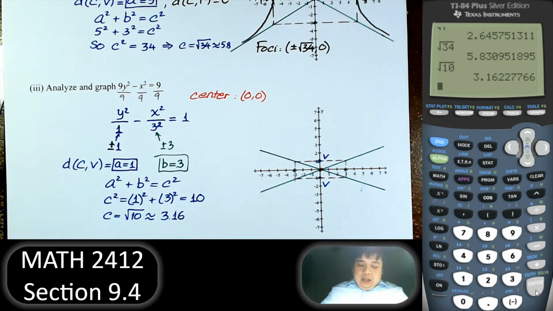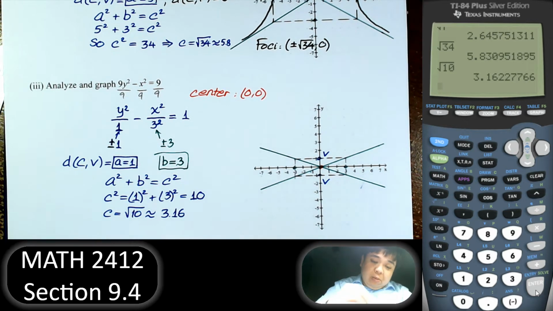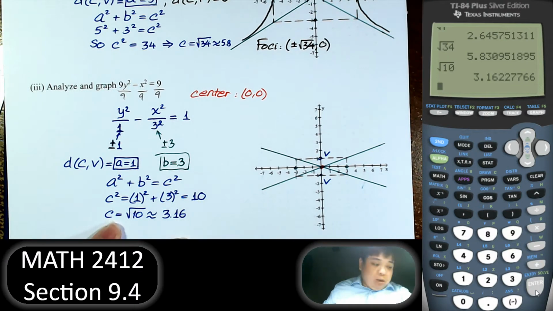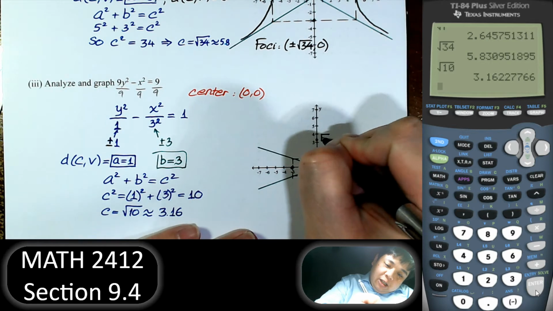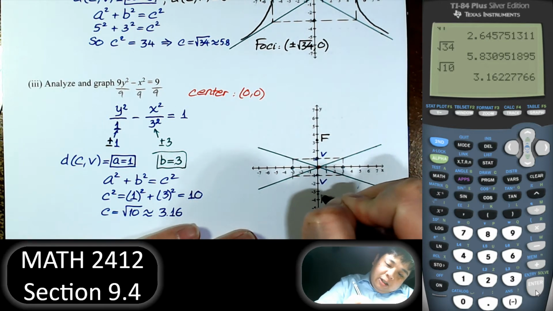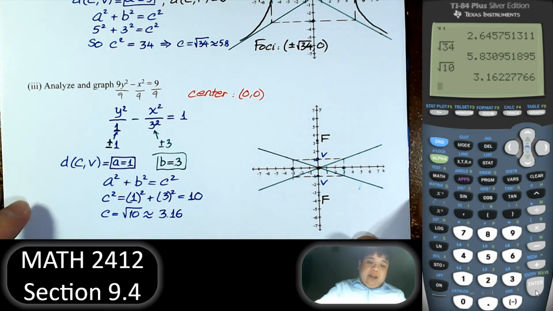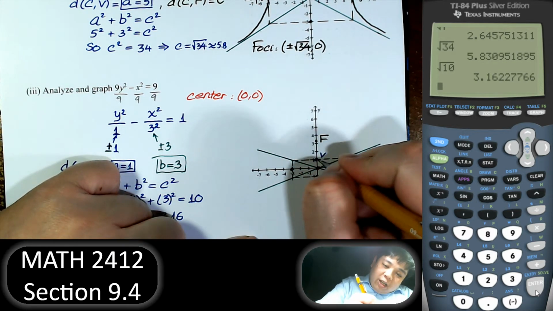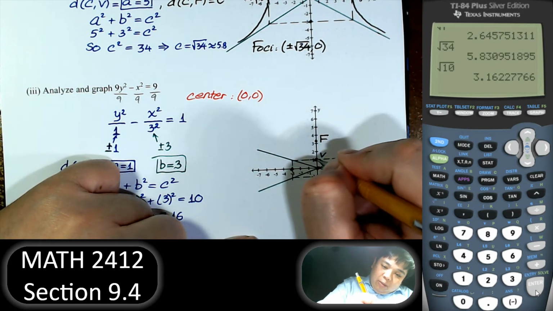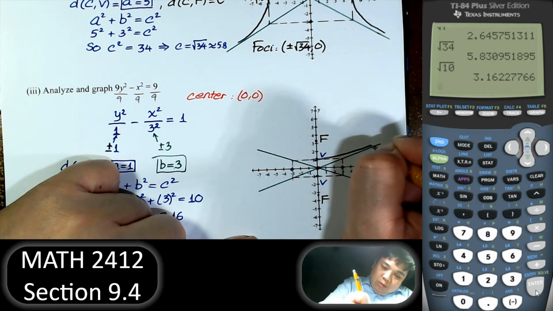Right. So the foci will be the distance from the center to a focus. It's going to be c, and that is about 3.16. So the focus is here and here. And the graph of the hyperbola will go through the vertex, around the focus, and approach the asymptotes.